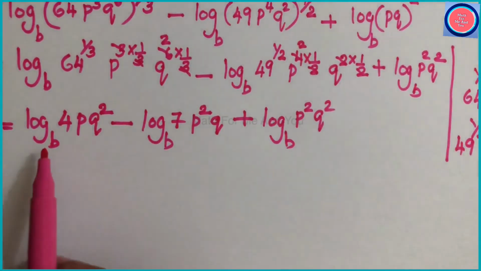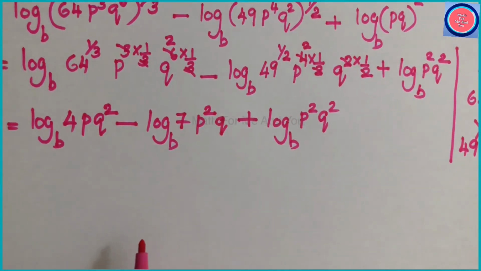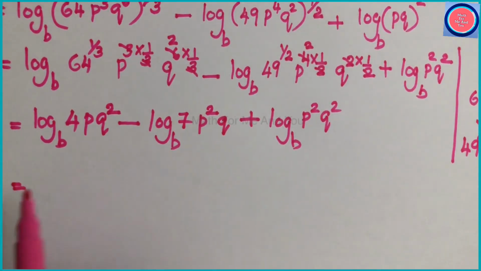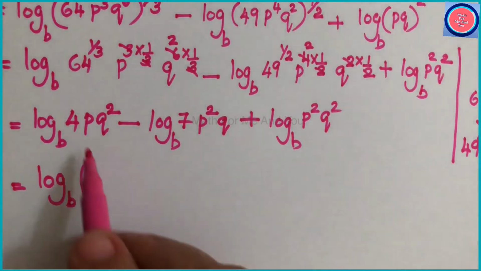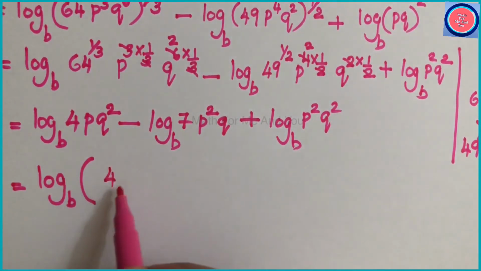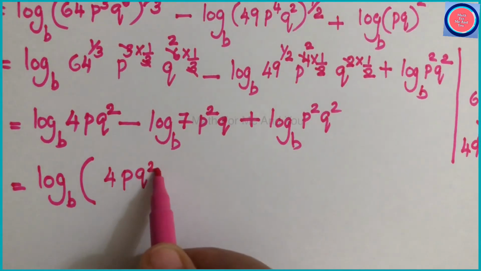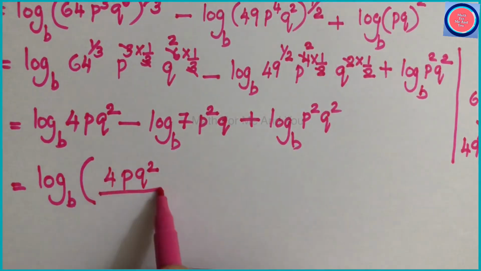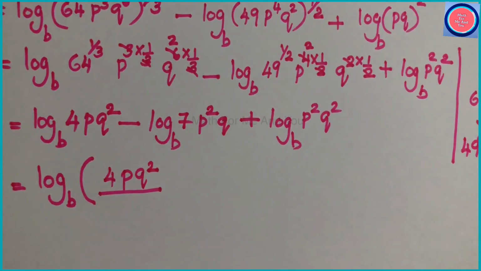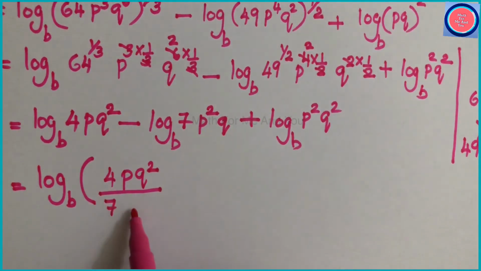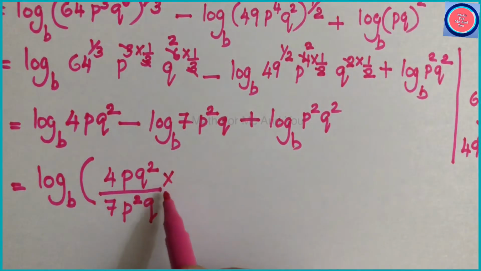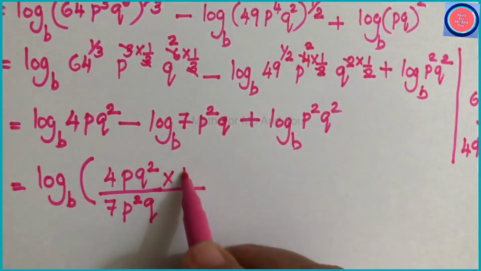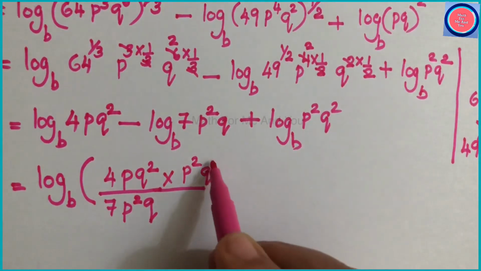There are 3 terms; the first 2 terms connect with the minus and the last term connects with the plus. We are going to write a single logarithm. Log, open bracket, 4 p q square. Then we see minus. Minus means divide, put over. So then write the term 7 p square q as denominator. Next is plus log. Plus we change to multiply, and then p square q square.